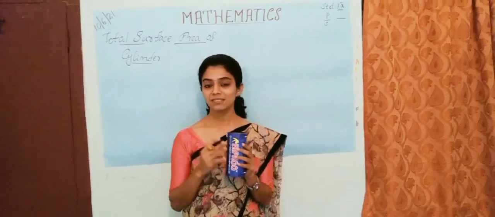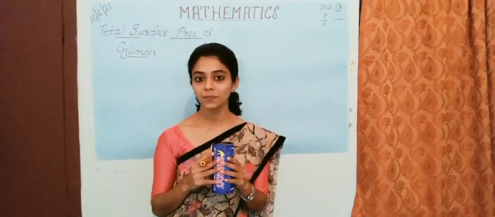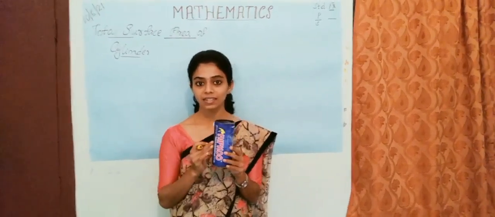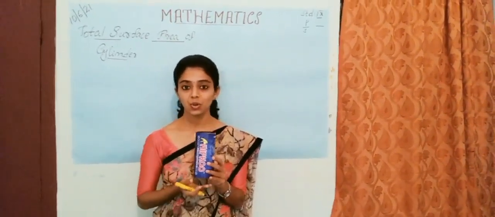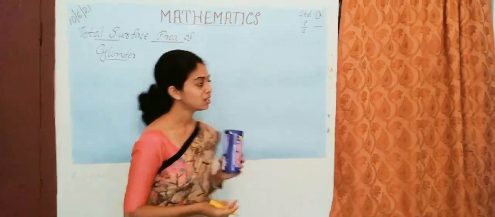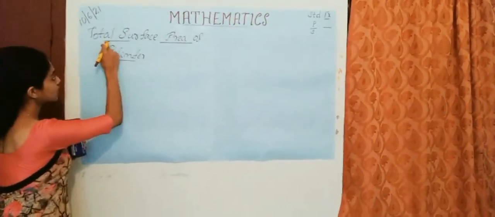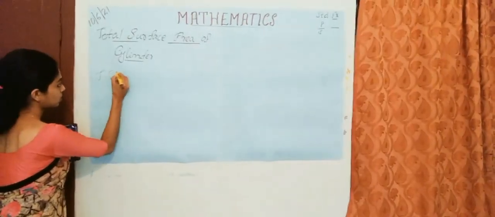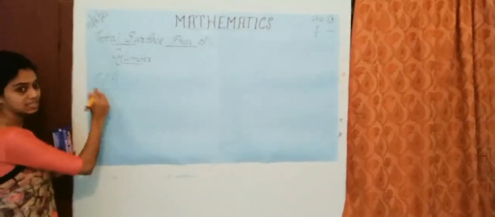Very good. The total surface area of the cylinder is equal to the sum of the curved surface area and the two base areas. All of you understood? Very good. So, let us denote the total surface area by TSA. Total surface area we are denoting by TSA.